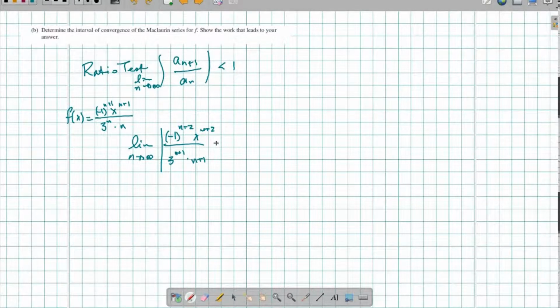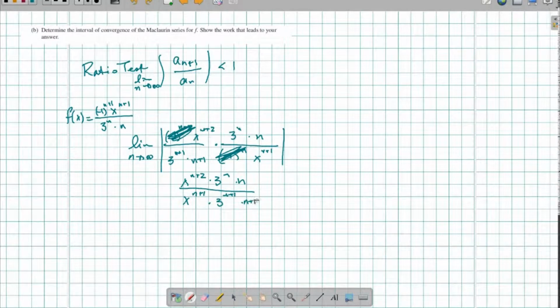And this is all divided by, so I'm going to multiply by the reciprocal, negative 1 to the n plus 1, x to the n plus 1, over 3 to the n times n. And of course, because I've got the absolute values, these don't really matter. What matters is this value of x here and this value of x here. So I'm going to have x to the n plus 2 times 3 to the n times n over x to the n plus 1, 3 to the n plus 1 times n plus 1.